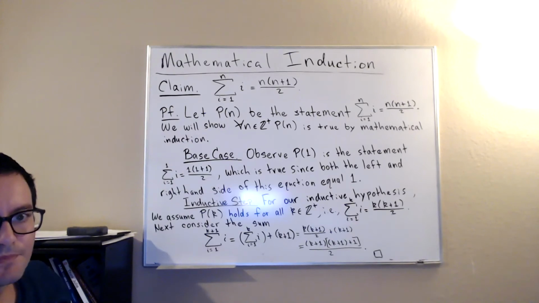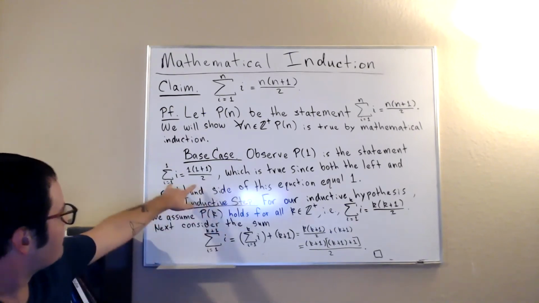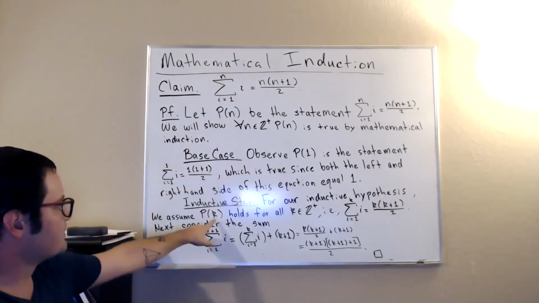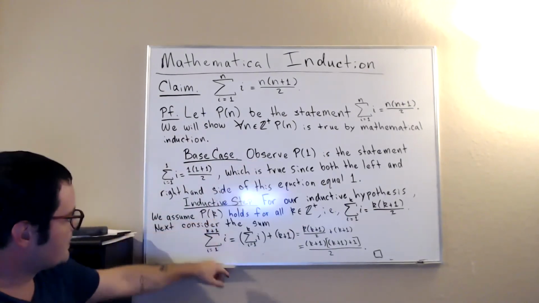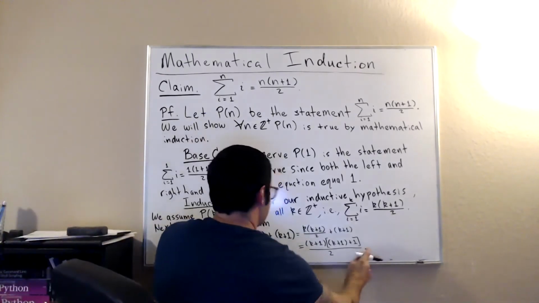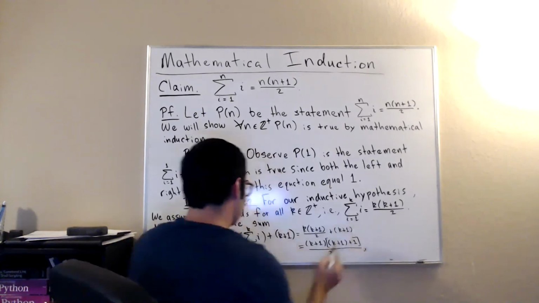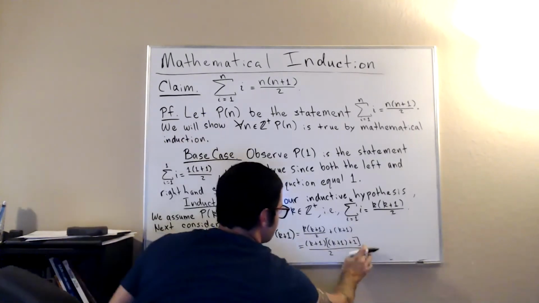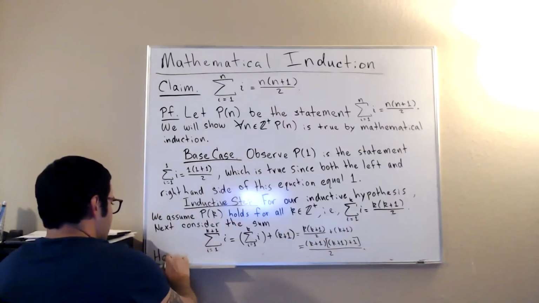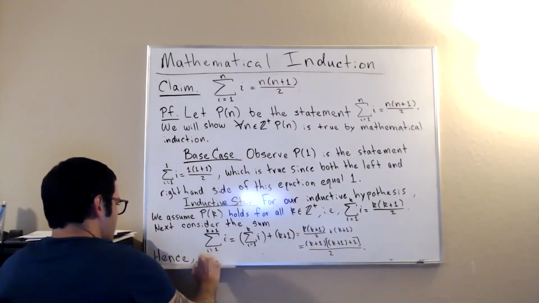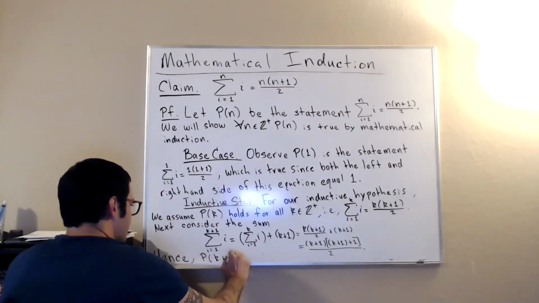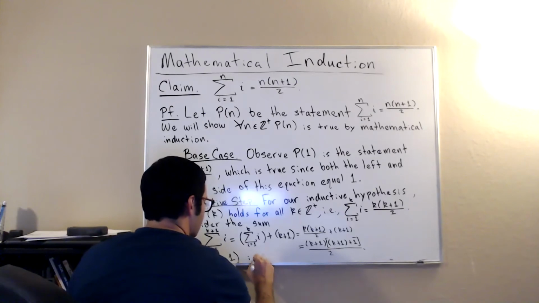And again, if you think about it, the first one holds, good. And then if we assume P of K is true, then we get that, so maybe I could put like a comma here and say, then a period, hence P of K plus 1 is also true.